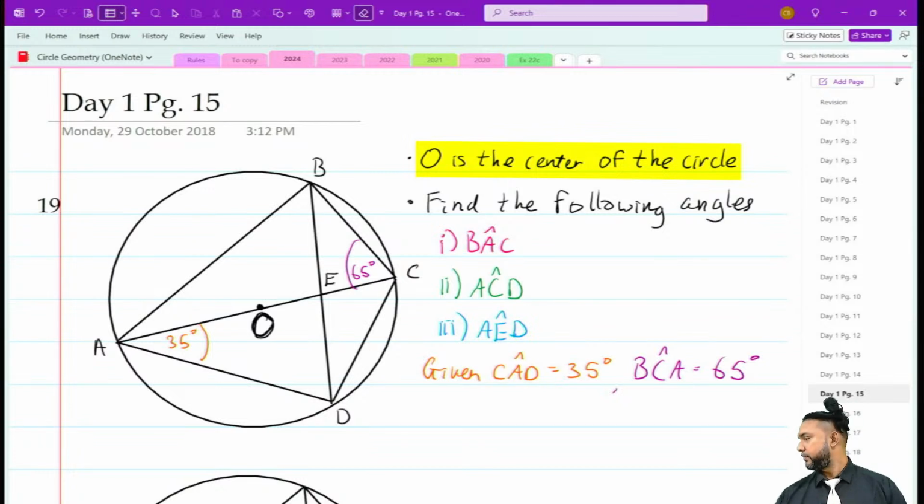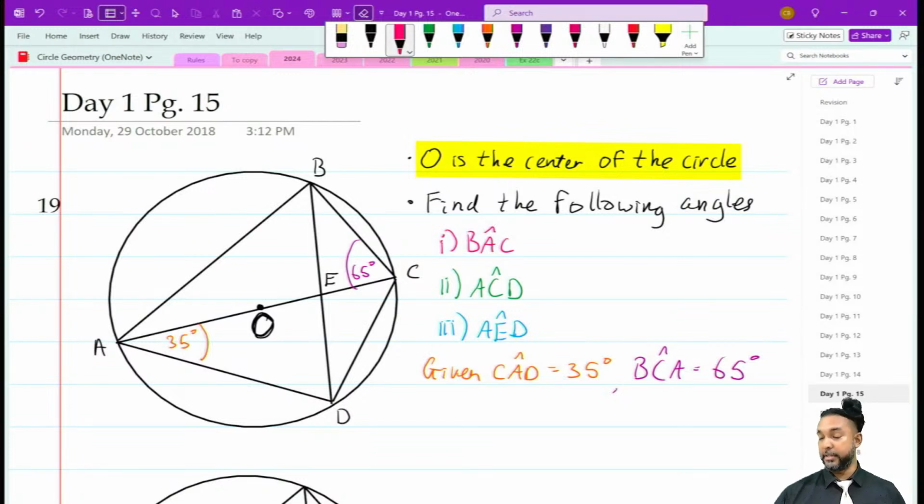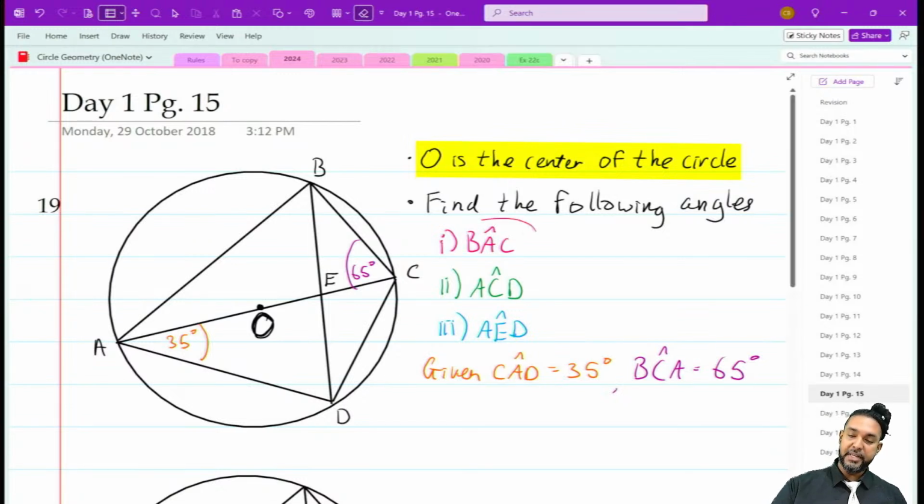Right, so I'll give you 5 to 7 minutes to see what you can sort out there, and we'll start talking. Now if you're not sure which angles we're looking for, this is how they often ask you to find the angles on the paper. So check it. If you're not sure, BAC, following letters.